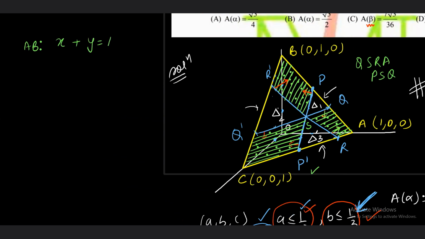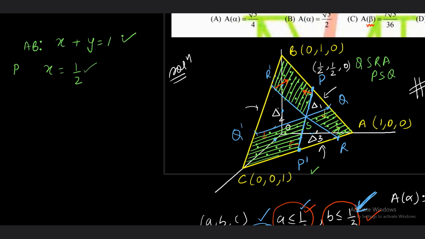अब आपको क्या चाहिए, सबसे पहले I want P के coordinates. How will you get P? You will get P if you solve this line with the plane x equals to 1 by 2. Right? When I'm solving this line and the plane, I'll get the coordinates of point P. So let me write down the coordinates of the point P. I'm getting it as 1 by 2. So y also turns out to be 1 by 2, and comma z coordinate is automatically 0.